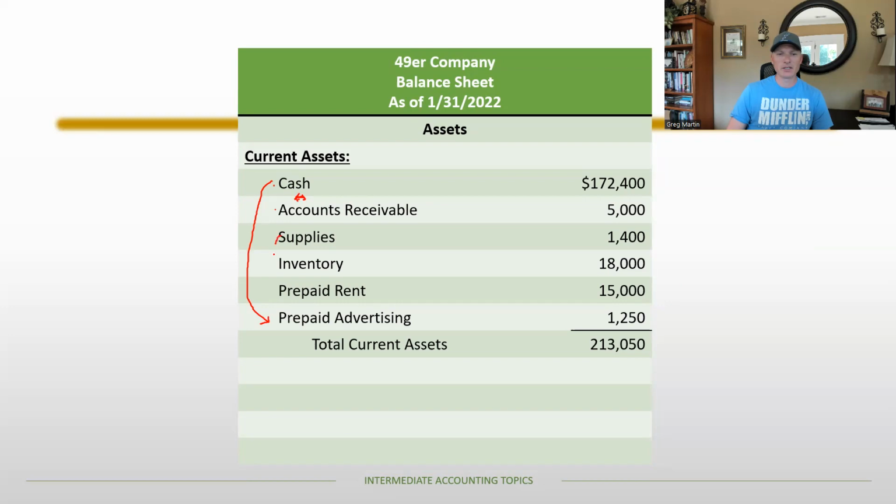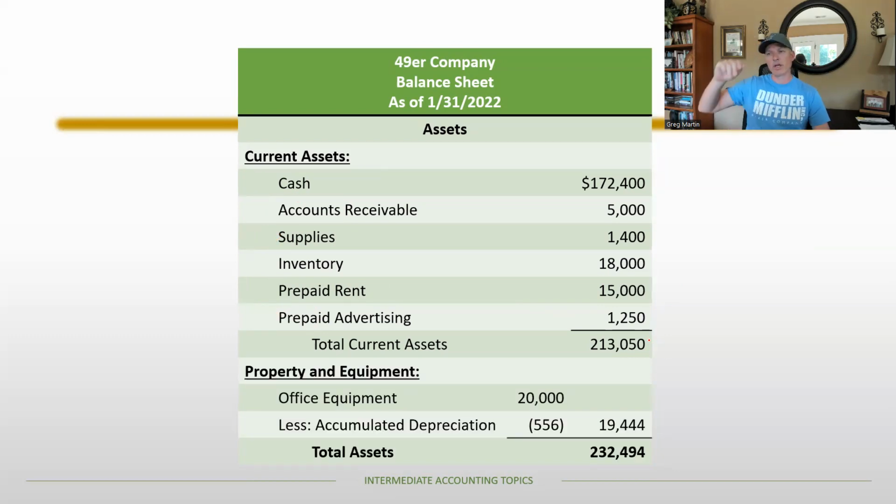After that, honestly, it gets pretty flexible, but these would be the next four. Normally speaking, whatever numbering order you use is probably the order you're going to follow here. But you can see it's order of liquidity, and that gives us our total current assets as of the end of January.